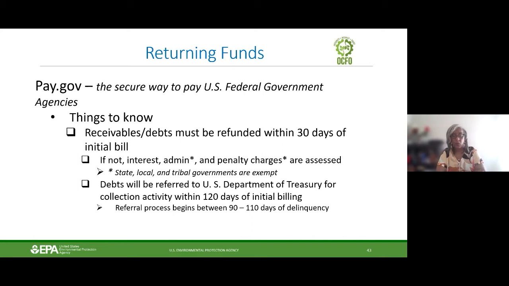If you are a state or a local or a tribal government, you are exempt from admin and penalty charges. Debts that are not repaid within 120 days will be referred to the U.S. Treasury Department for collection activities. So it's very important that you return the funds as soon as possible, preferably within 30 days. And that way, no interest or any other charges will be assessed against that debt.